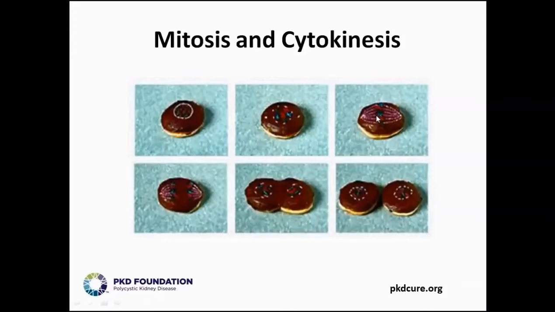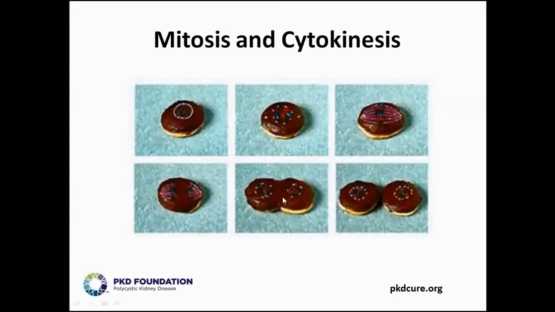And in metaphase, you see that there are two poles now on the Bismarck. This is the upper right. And you can see these strands that are called microtubules. And this is the metaphase plate that contains the chromosomes, the pairs of chromosomes that are going to be pulled apart. And this is early telophase, which is on the bottom left. And you can see that the microtubules are getting smaller and the chromosomes are being pulled apart.